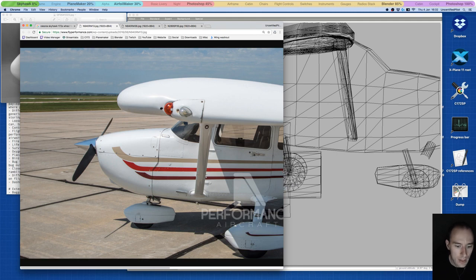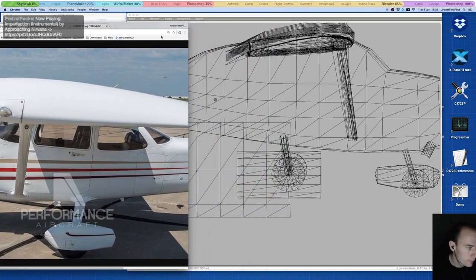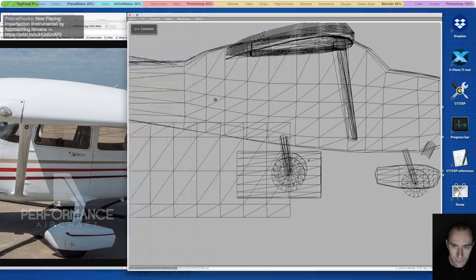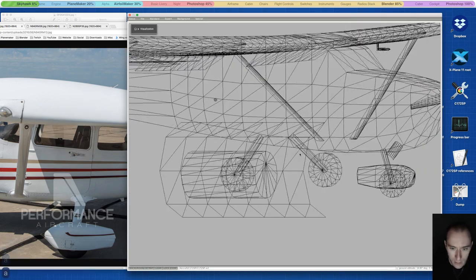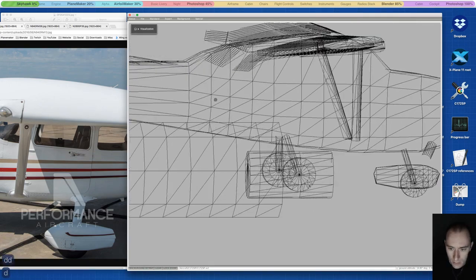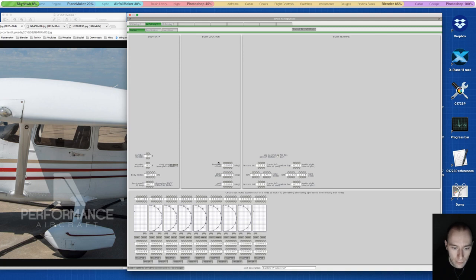Yeah, I'd like to see that bit. All right, I think the height is about okay. So let's first get it from the ground up. Wheel fairings. So what would it be? Something like this.